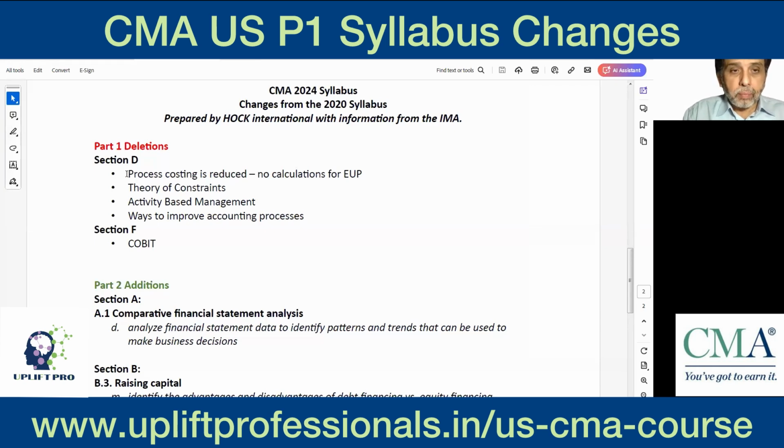Now, one very big good news. I look at deletions sometimes not as good news. I look at it as the opportunity missed to earn good marks. That's also a way of looking at it. You understood? Now, calculations of EUP, equivalent units of production, was a thorn in the flesh for many students.